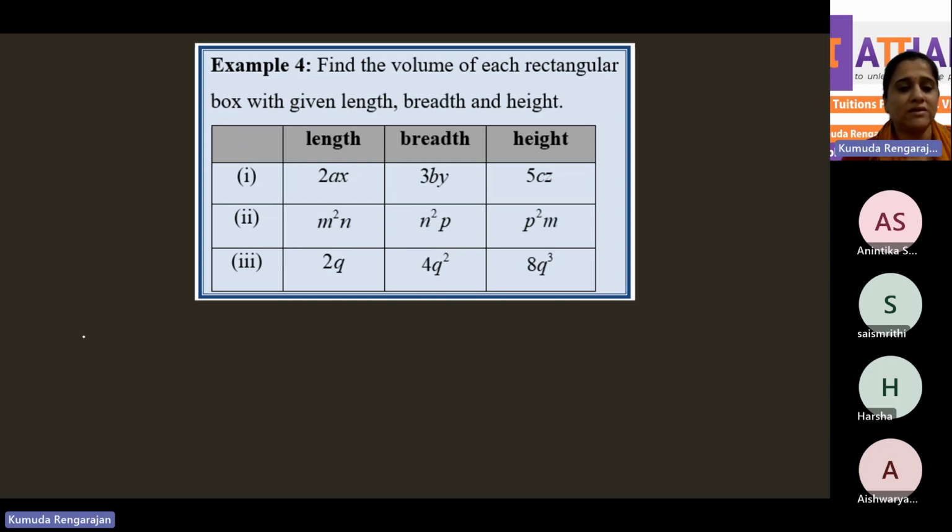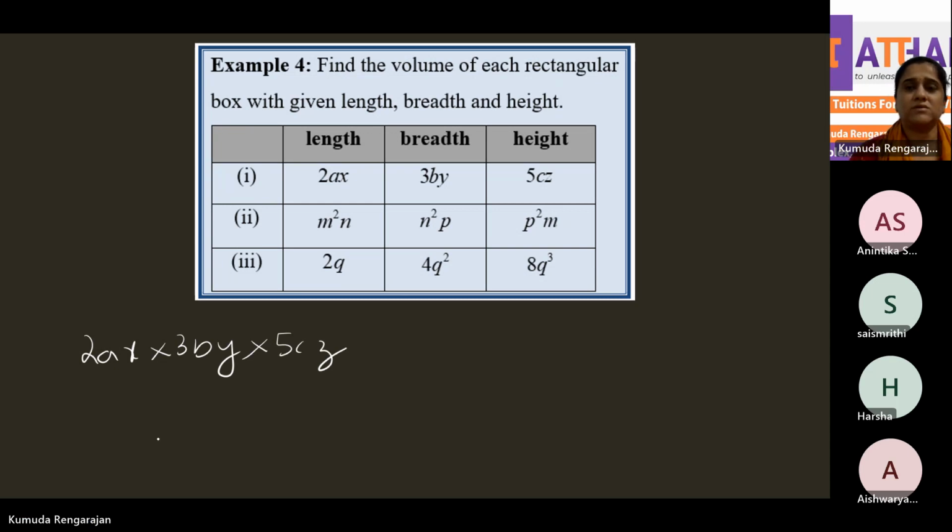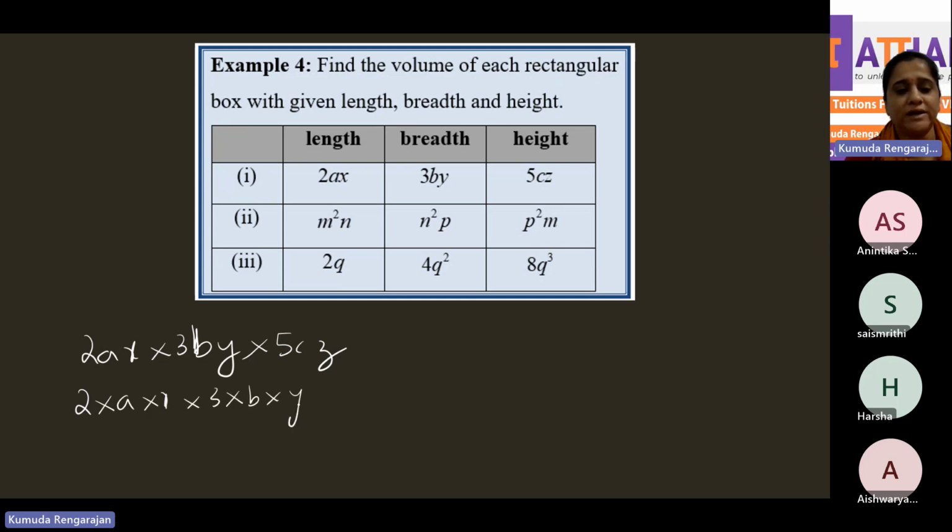So L is 2AX, B is 3BY, and H is 5CZ. Now, if we don't understand what this is, you can work this further like this. This means 2 into A into X into 3 into B into Y into 5 into C into Z. Once you get comfortable with this, you don't have to show these steps.